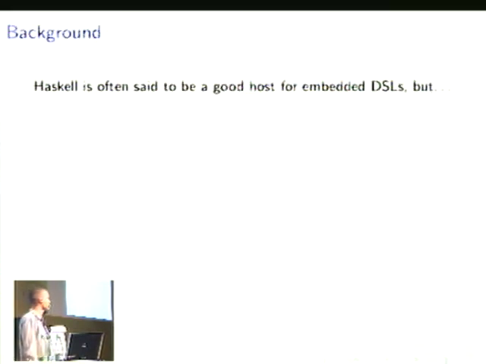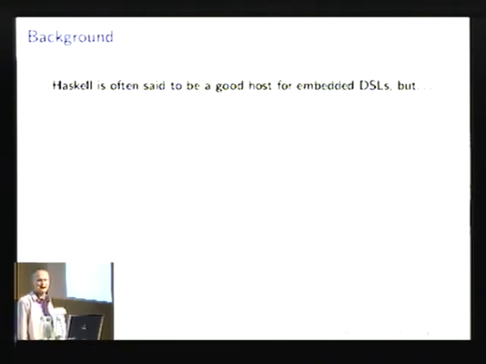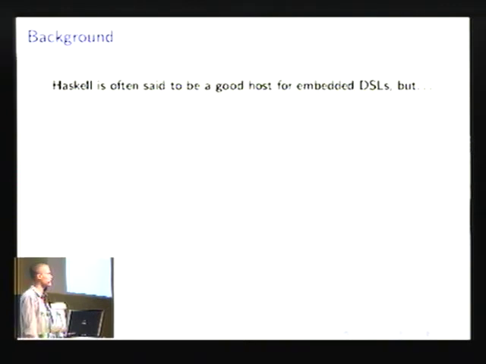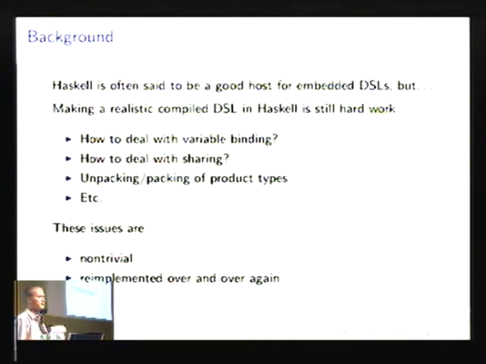We often hear that Haskell is a good host language for embedded DSLs. I guess that's generally true, but at least in my experience with compiled DSLs, there are quite a lot of things you need to deal with if you want to make a realistic DSL. So how to deal with variable binding, how to recover sharing, and so on.